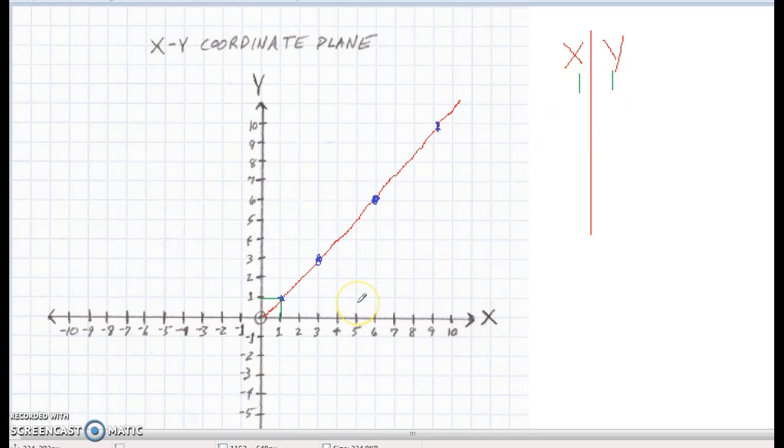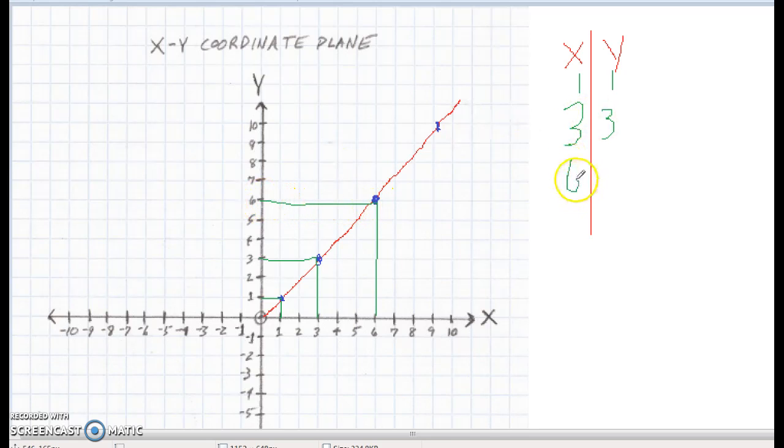Now I'm going to go to the next dot that I drew. You can draw these dots anywhere you want to as long as they fall on the line. So with this one, I drew it at the 3, 3. So when x is at the 3, y is also at the 3. This next one here, I drew it at the 6 because it goes out to 6. And it goes up 6 also.